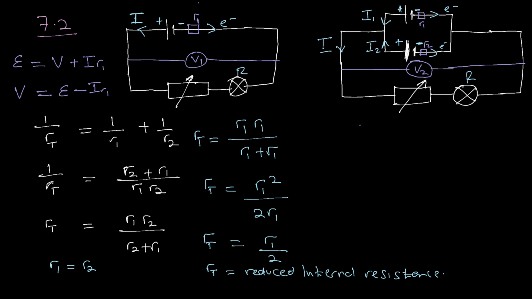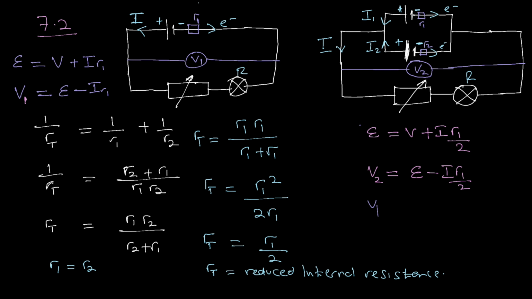If we compare that with the second cell, the electromotive force is equal to terminal PD plus I R1 over 2, because the total resistance is R1 over 2 here. Therefore V, terminal PD, will be the electromotive force minus I R1 over 2. So this one is V2, and this is V1 on this side here.